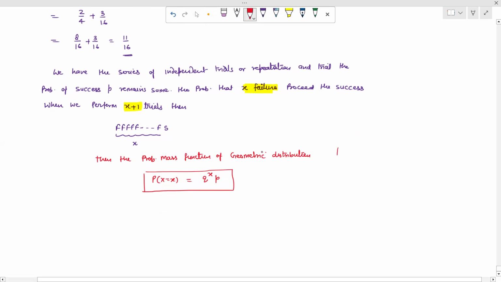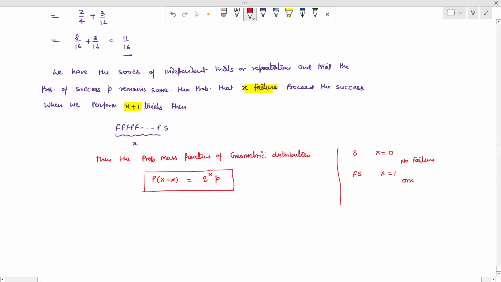You can understand this as follows. Success first time means x equal to 0, that means no failure. First time we get the success, there is no failure. When we get a failure, then success, x equal to 1, so here we have one failure, then we get the success.